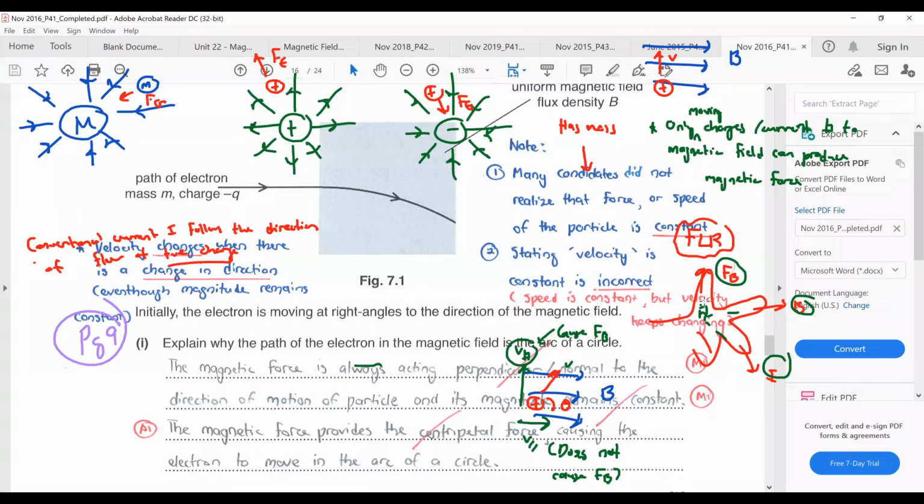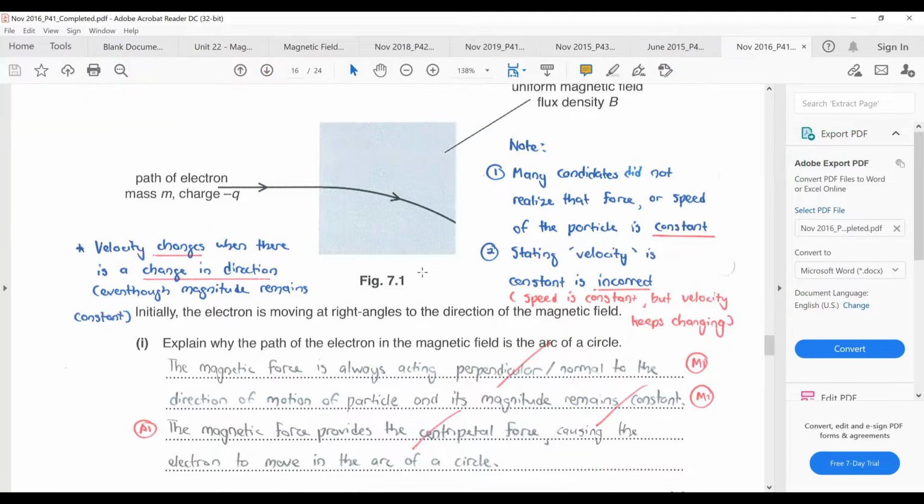Because your magnetic force is always perpendicular to your direction of velocity, from Fleming's left-hand rule, which you can see here, it means that your charged particle will move in a circle. All right, your magnetic force is providing your centripetal force. Okay, that part is clear.